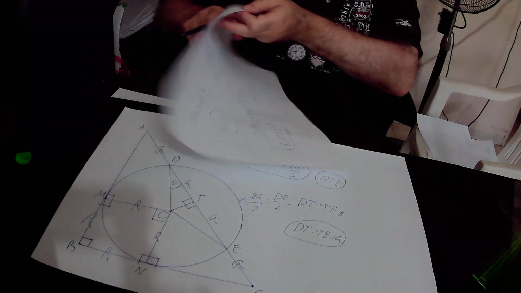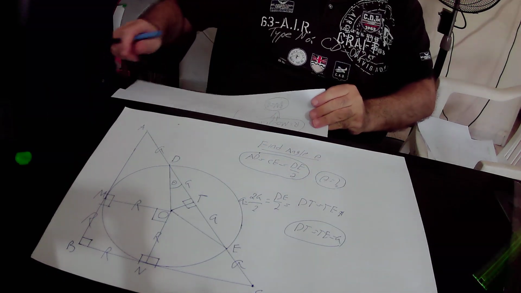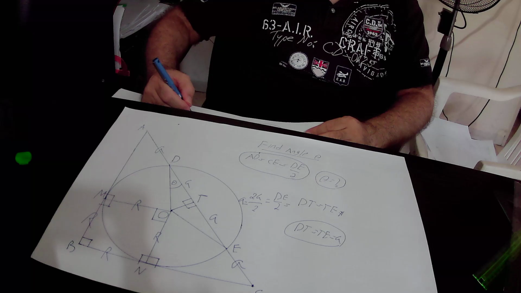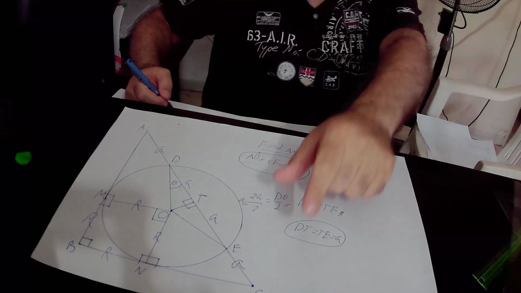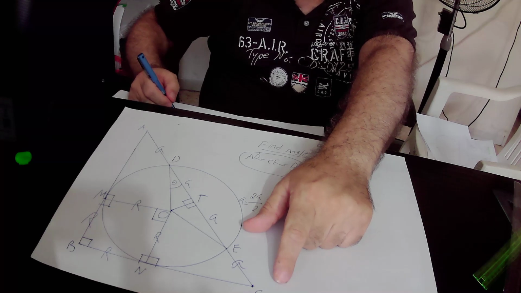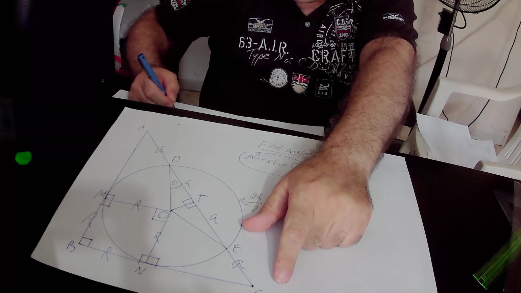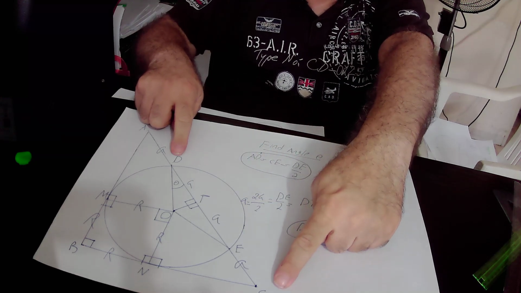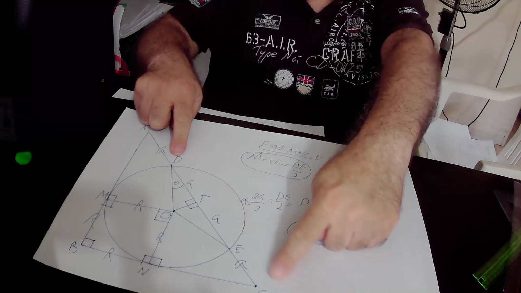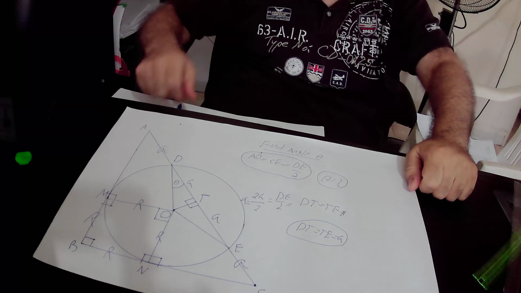So CN squared equals CE. CE equals A, so we substitute CE by A. And what is the value of CD? Here CD equals A plus A plus A, that is 3A.